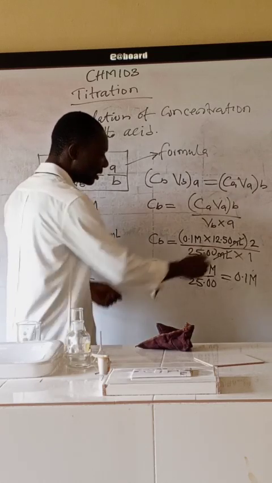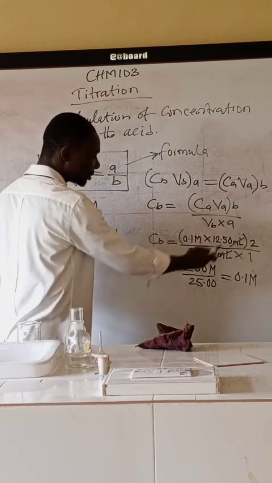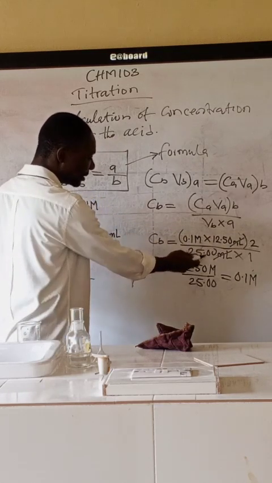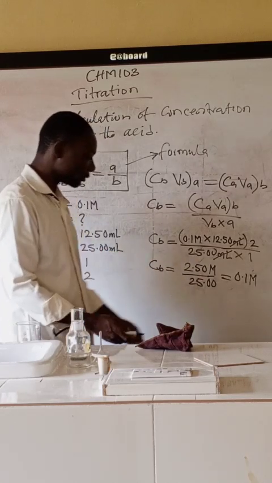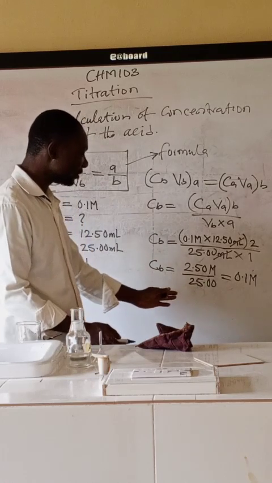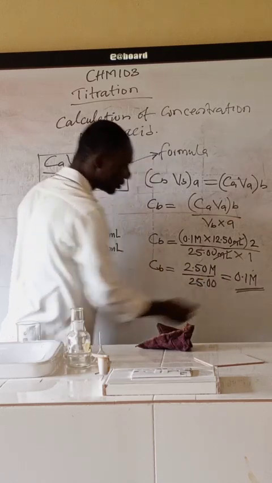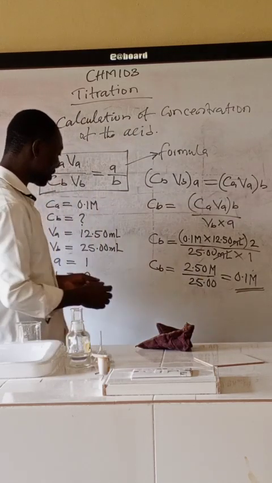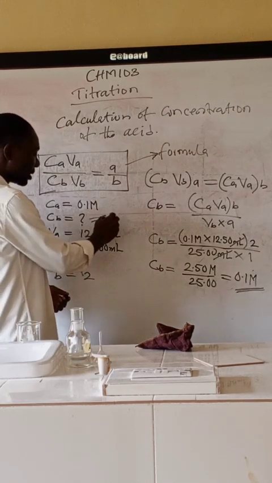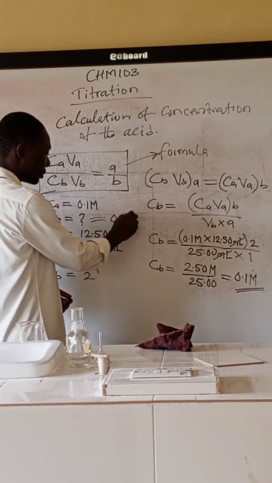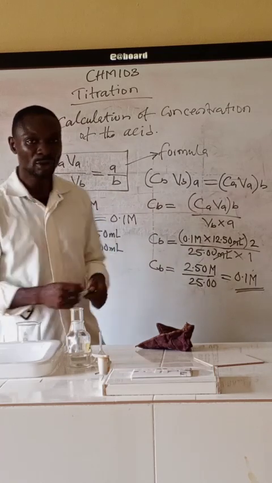Now, the like units cancel out, and when you do the multiplication, you have 2.50 molar over 25.00. When you do the division, it will give you 0.1 molar. So this is the concentration of the base. When able to solve the problem, this will now be 0.1 molar. This is how to calculate the concentration of the unknown.